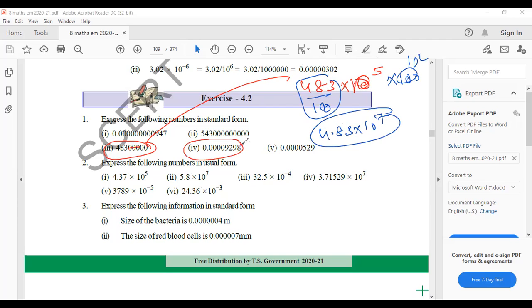Similarly, take 9298 times 10 to the power of minus 8, because 0 point means you write minus.